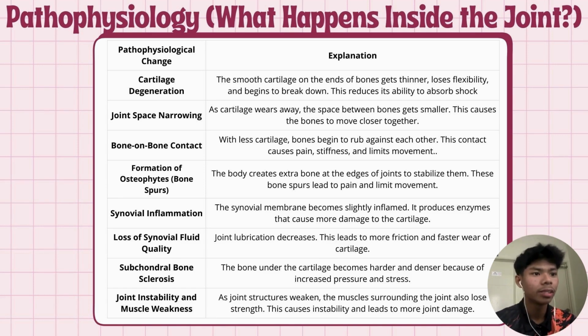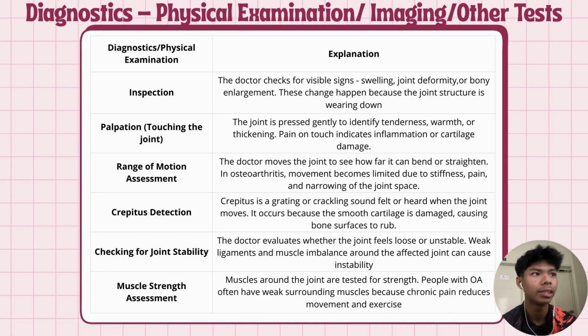And then the last one is joint instability and muscle weakness. As the joint structure weakens, the muscles surrounding the joint also lose strength. This causes instability and leads to more joint damage. First is inspection. So the doctor checks for visible signs, swelling, joint deformity or bony enlargement.